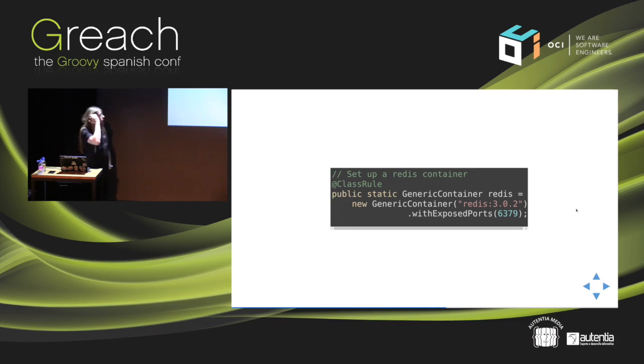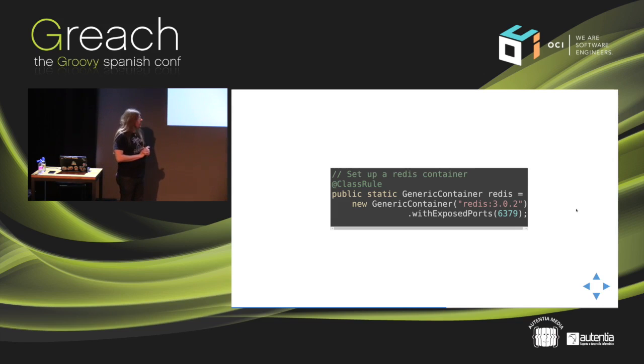And this is an example of how you would use this in a JUnit test. Using a class rule, I haven't used JUnit for a long time, so I'm not really sure what class rules or other rules do. I assume they run the thing before the class and afterwards, this rule, whatever. And that's basically how you can use the containers in this case.